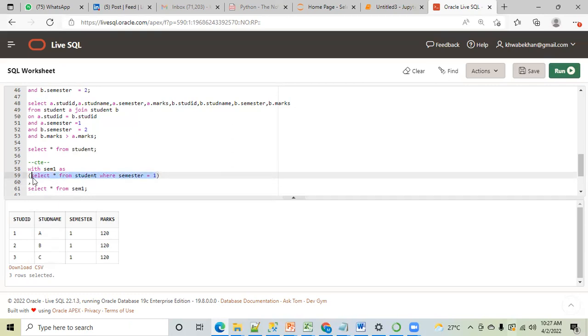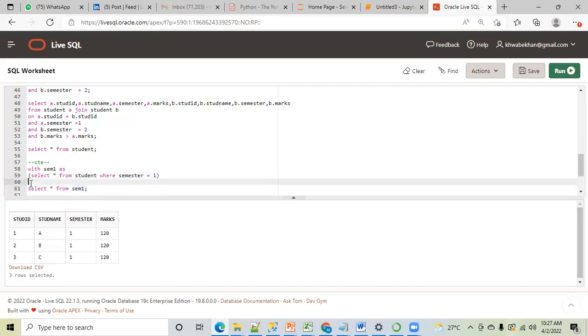I'm telling the SQL engine, please save the output of this query in a table whose name is SEM1. And then finally, I'm getting the output from SEM1. Don't think about why I'm doing all those things. Please don't think about why as of now. Just try to understand what I'm doing.